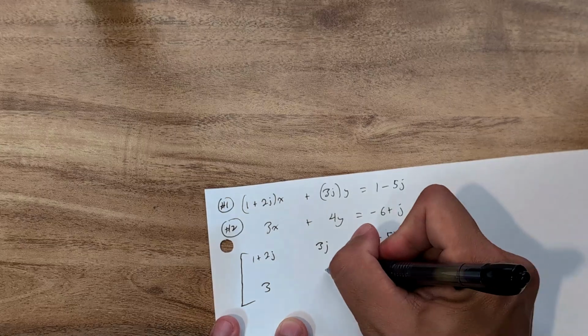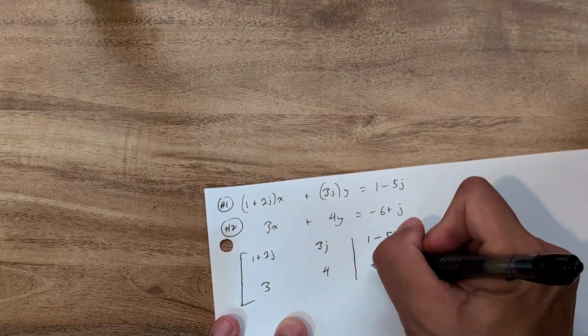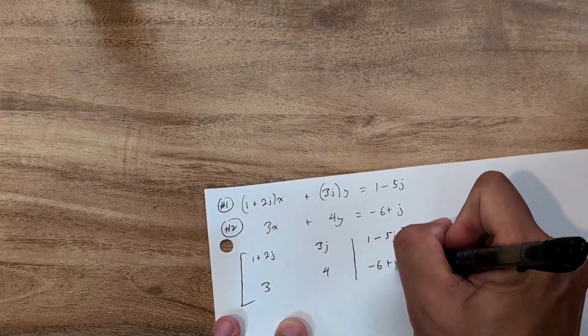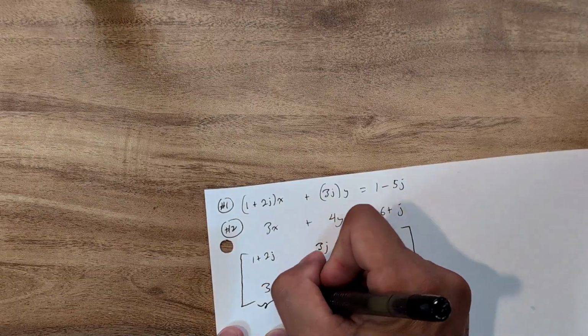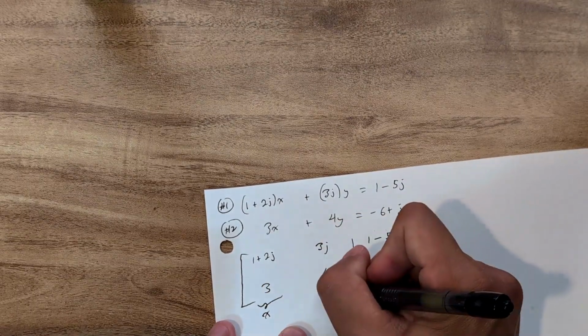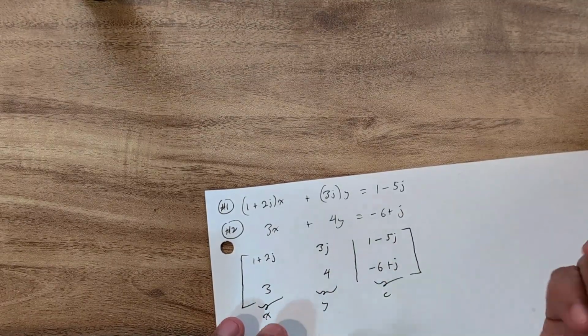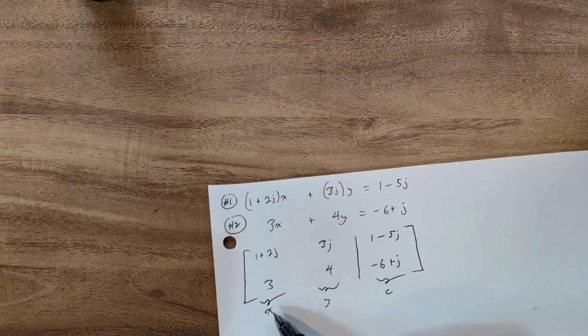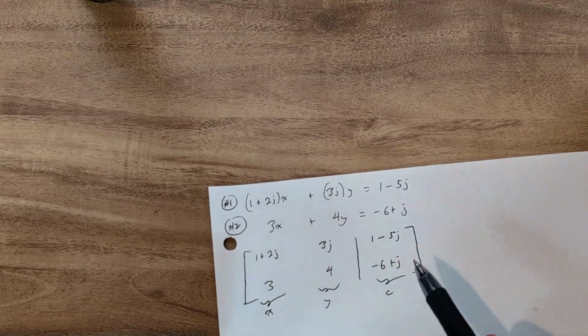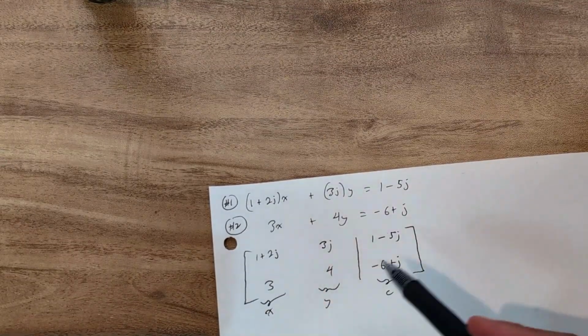And then you have your 3, and then your 4. This is the third column. So this represents x, this represents y, and this is going to be your constant, so to speak. X could be current or voltage or something. I'm just going to denote it as x and y.